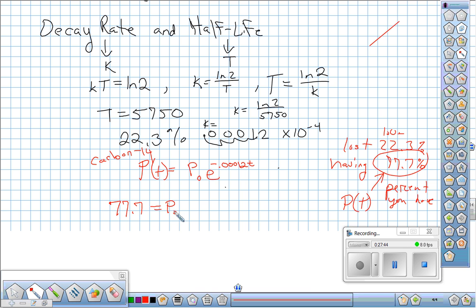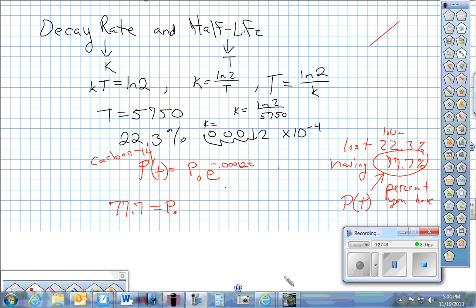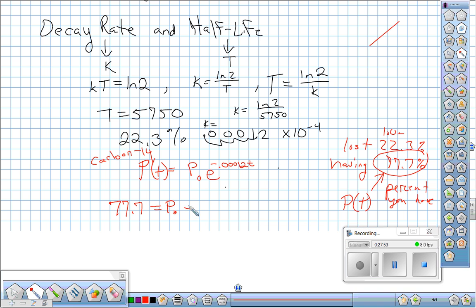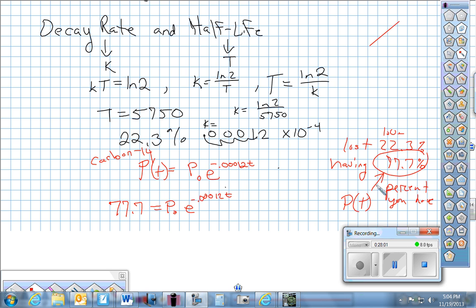We're looking for our time. It seems kind of weird because we're not ever really given an initial amount. But when I'm talking about percent, my initial amount is always 100%.